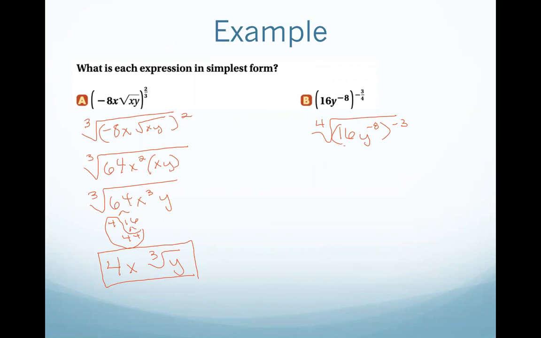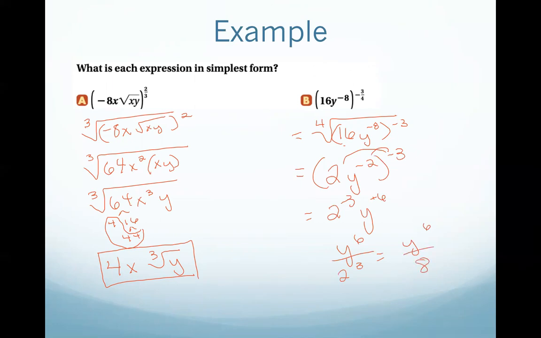So this becomes 2y to the negative 8 divided by 4, which is negative 2, all raised to the negative 3. I'm going to do the power next. So that's 2 to the negative 3 times y now to the positive 6. So this becomes, let me do my steps here, y to the 6 divided by 2 cubed, which is y to the 6 divided by 8. Okay, step by step.